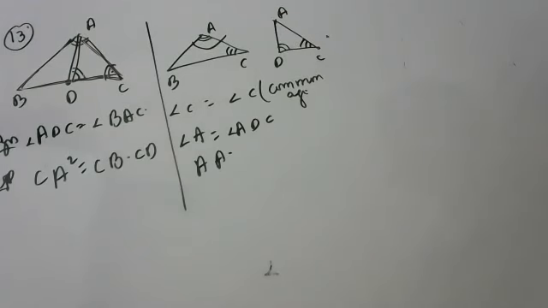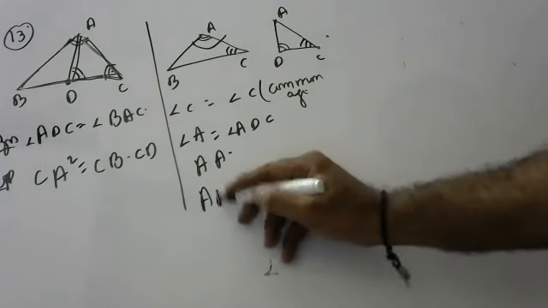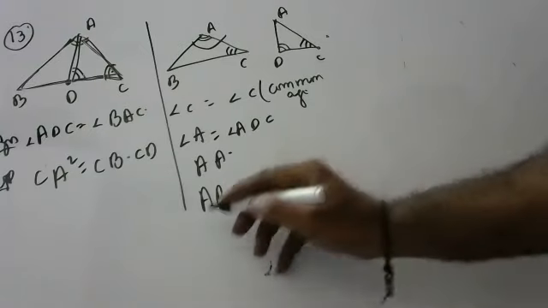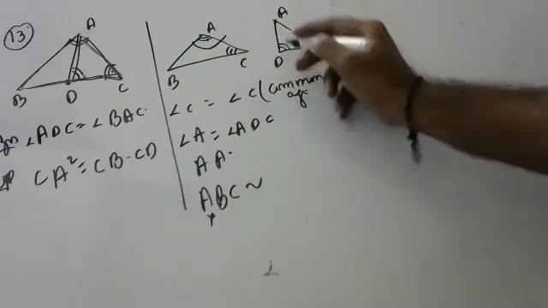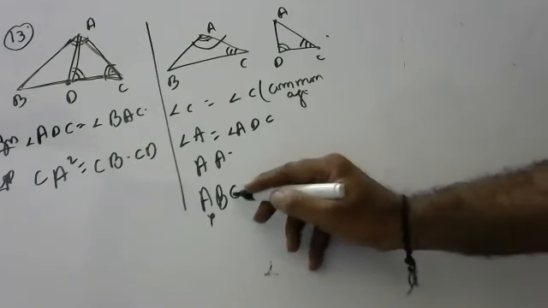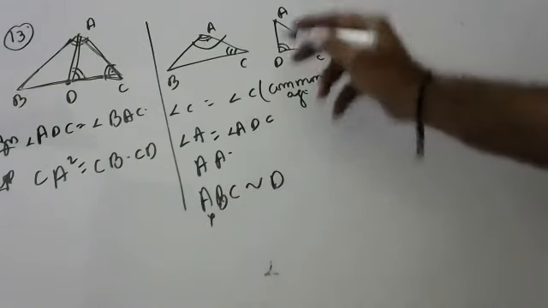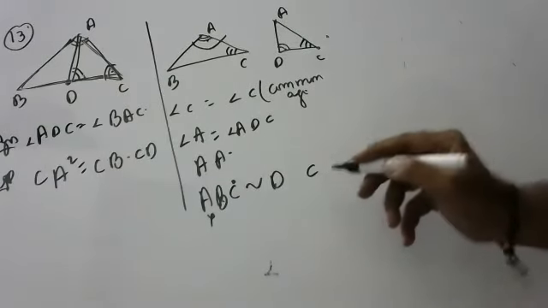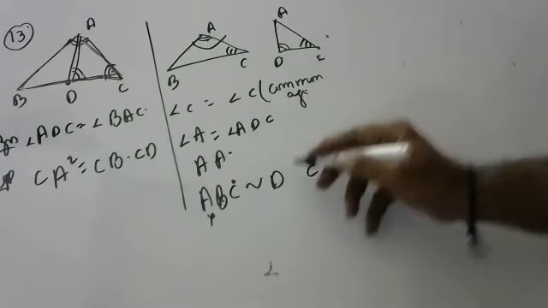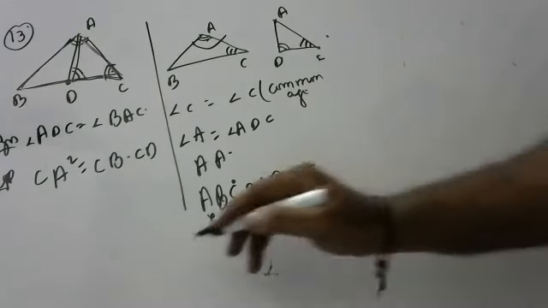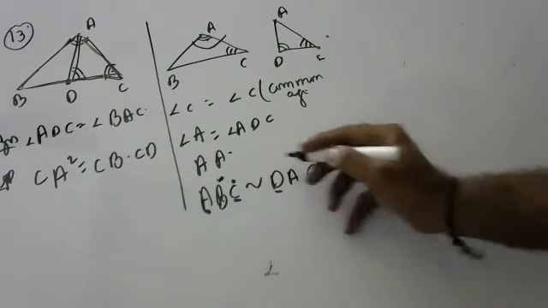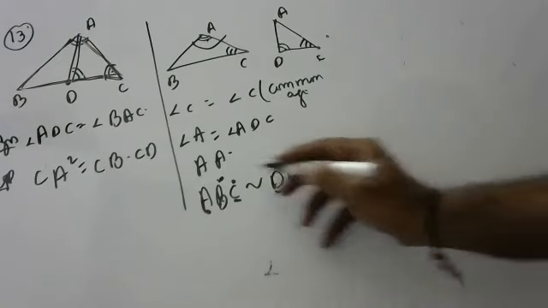ABC is similar to DAC. First C was equal to C. What is left over? A. So A was equal to D, C was equal to C. So of course B was equal to A. So these both are similar triangles.